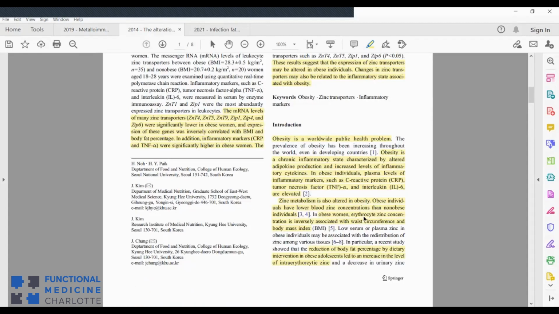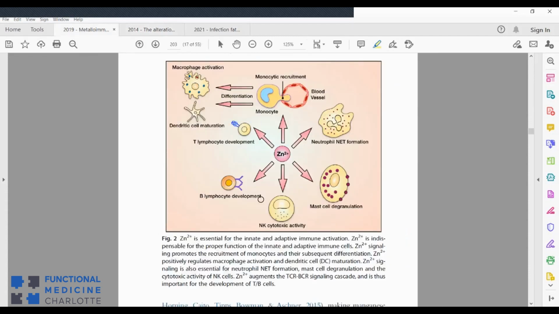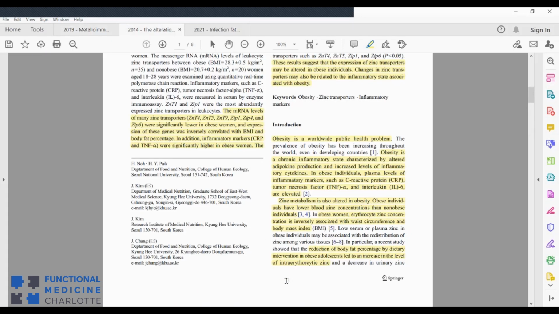In obese women, red blood cell zinc concentration is inversely associated with waist circumference and body mass index. So the larger an obese woman's waist, the lower the zinc inside their red blood cells, which again sets them up to be less efficient at the immune response to infection.